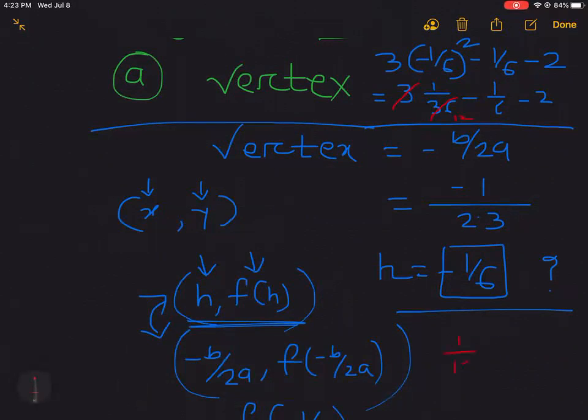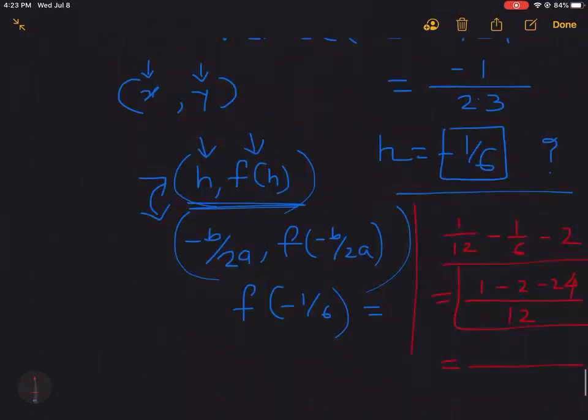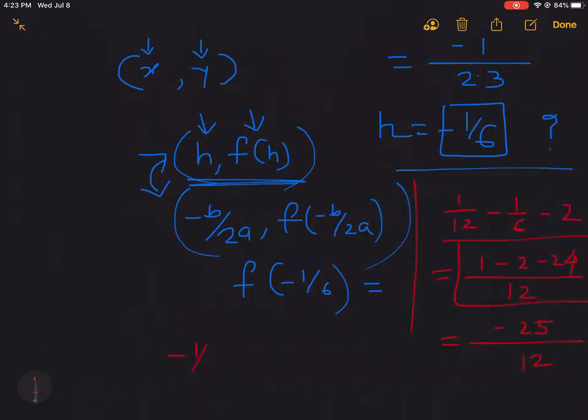So it will be 1/12 minus 1/6 minus 2. If I simplify it, 1 minus 2 minus 24, using the concept of the common denominator. You can check this later on if you want. So it will be negative 25/12. So your vertex will be at negative 1/6, comma negative 25/12. So that's your vertex.